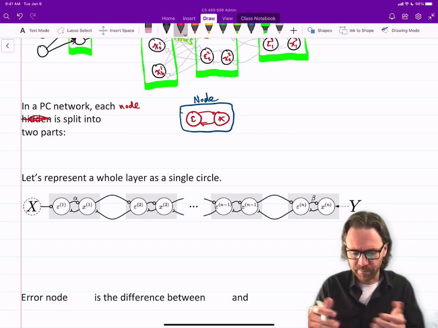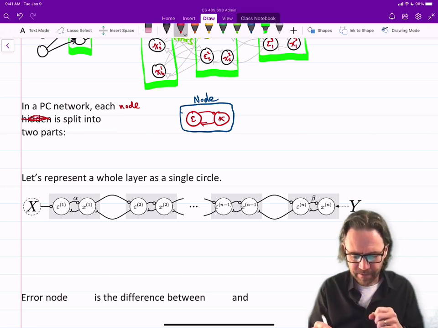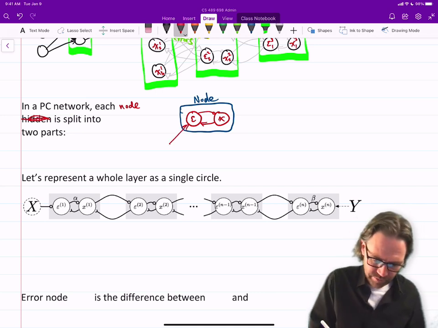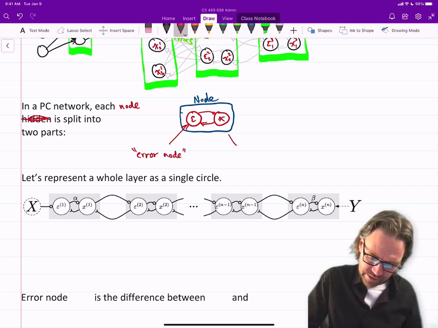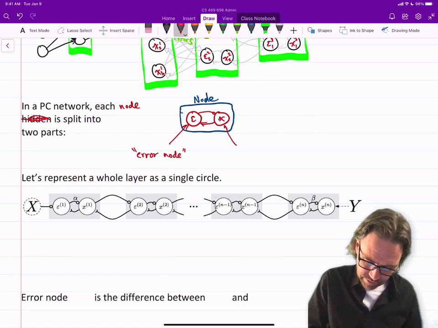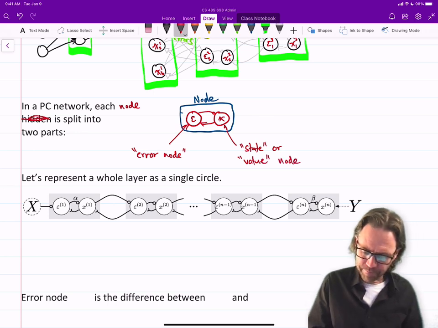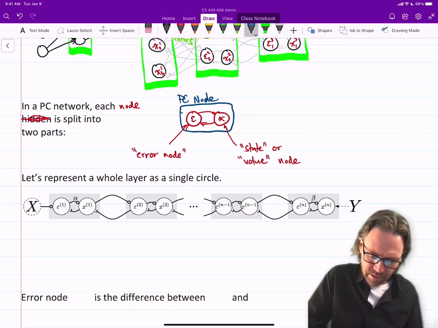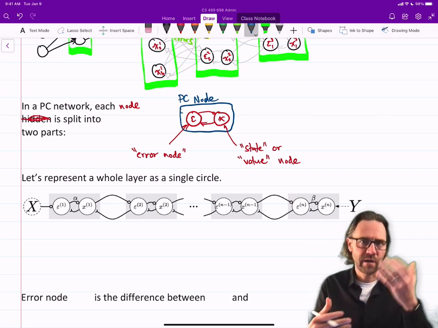And the arrow means positive connection. The point here is that they have opposite signs, those two connections. So now this epsilon here is an error node, and this X thing here is a state or value node. Just as a name. So each old node becomes a single PC node which has two pieces, two subnodes in it, an error node and a value node.